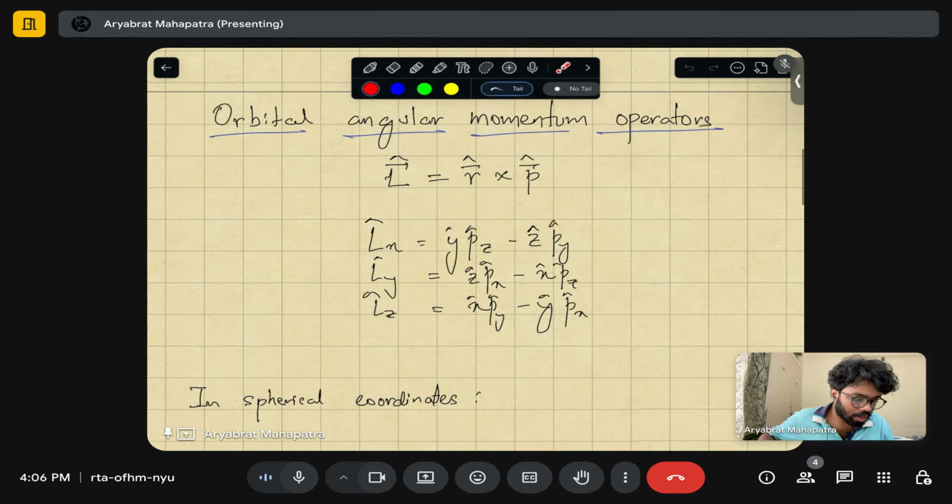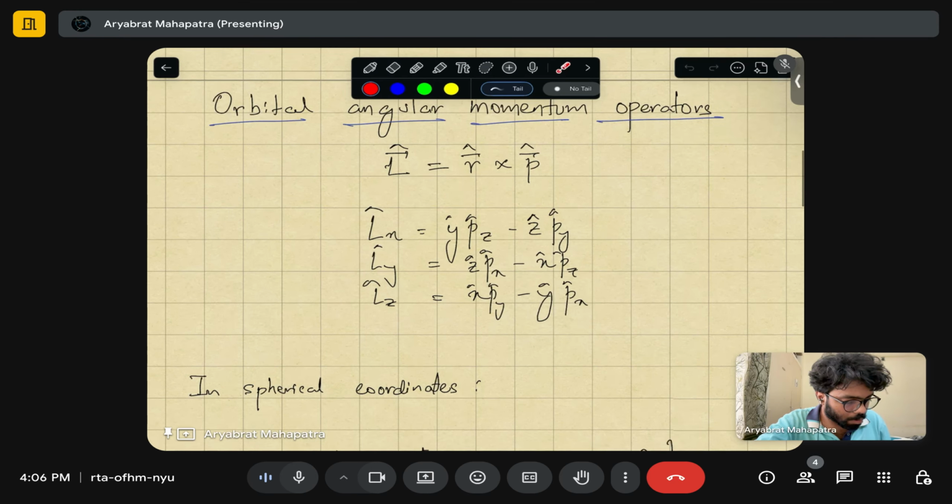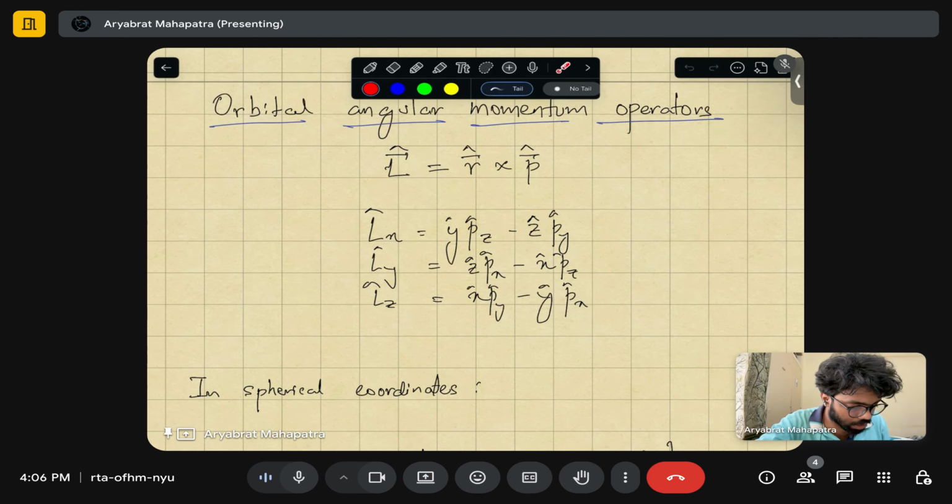On top of it, there is one more angular momentum that we will define, that is spin. We'll be coming to it very shortly. In Cartesian form, this is how you can write your angular momentum for the x component, the y component, and the z component.